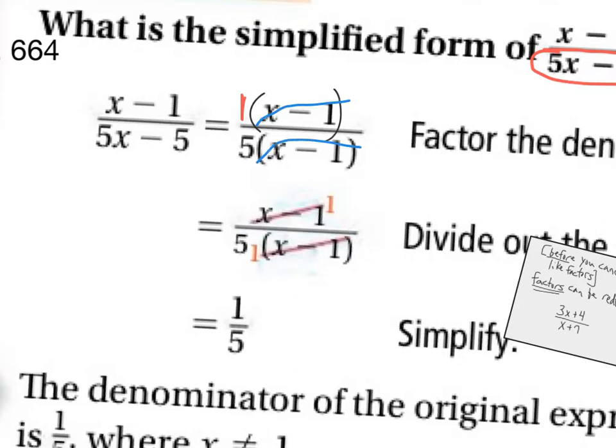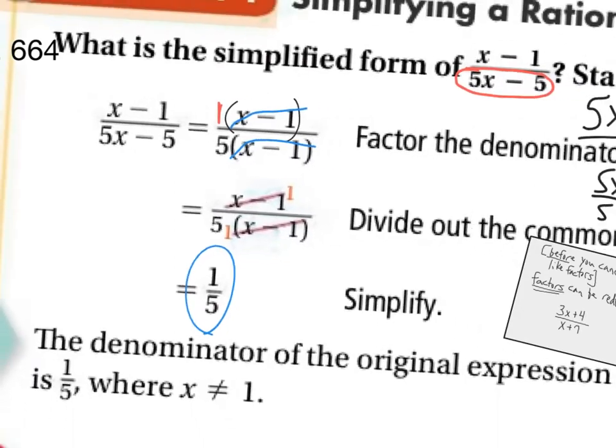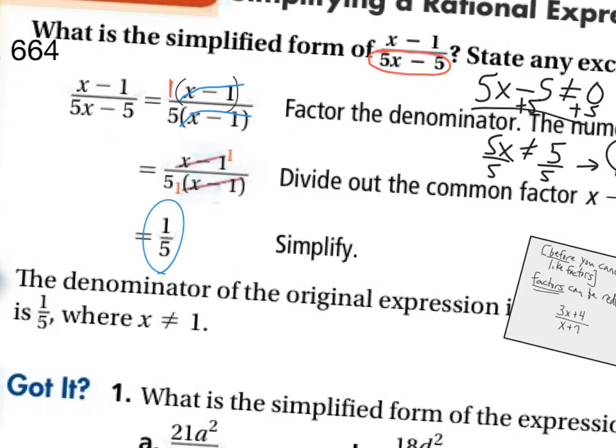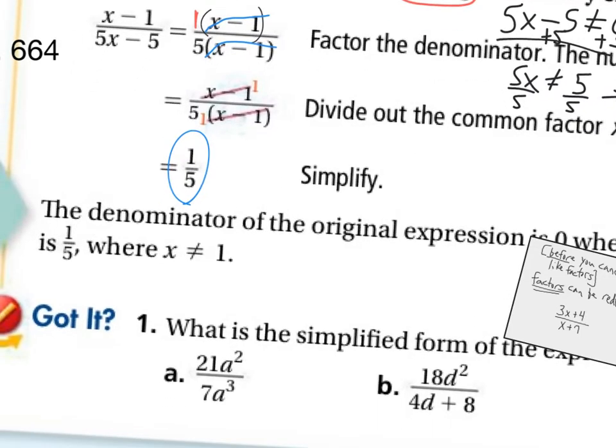And it'd be good to have a number still in our numerator. Otherwise, we just cancel it, and there's nothing there anymore. So we can put a 1 there, and then you reduce, and you end up getting 1/5 after canceling those factors. So the simplified form would be 1/5, and again, our excluded value, x cannot equal 1.